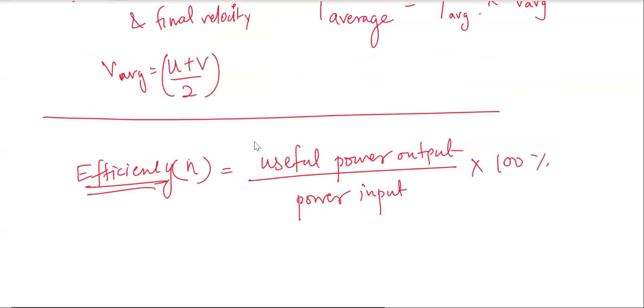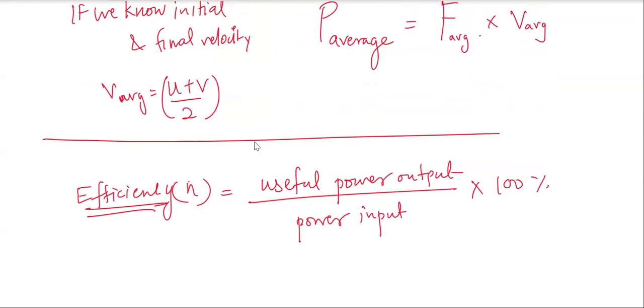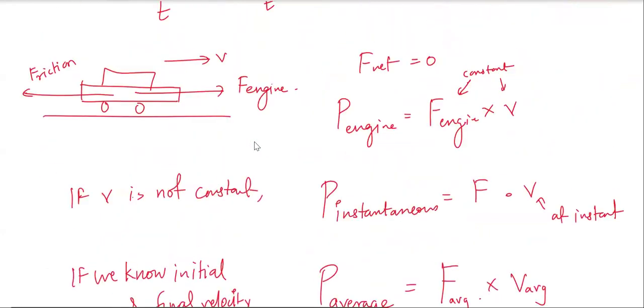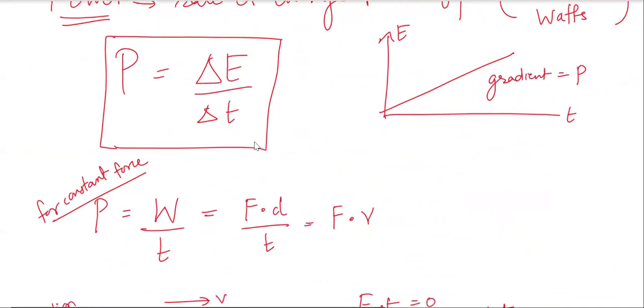Most of the time they will give you the efficiency, and you can calculate output or input depending on what they have given. One more thing they sometimes ask is the graph of power versus time for a constant force.